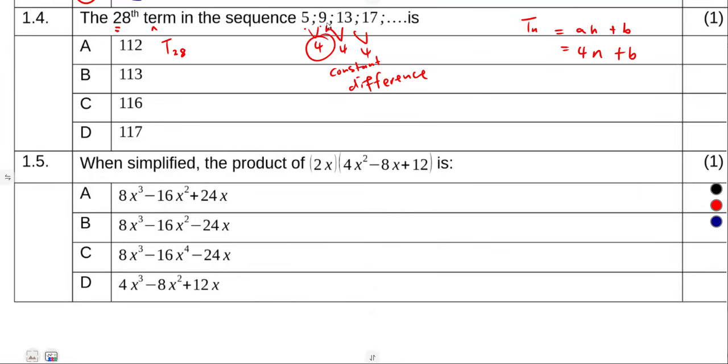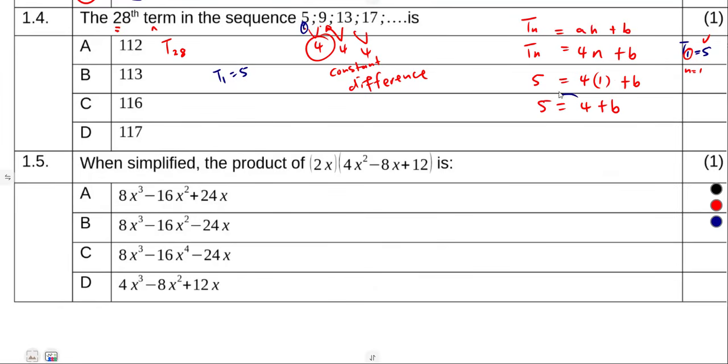To find b, you can work with the first term, which is 5. Our T1 is equal to 5. So if T1 is equal to 5, from this Tn, n is equal to 1. So 5 is equal to 4 plus b.